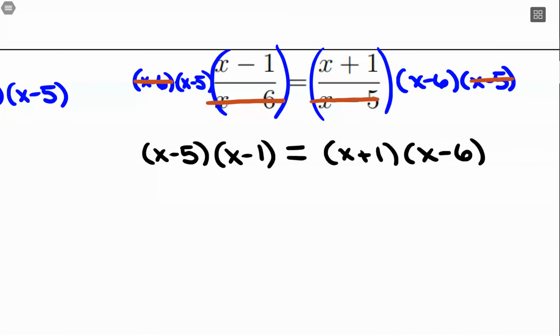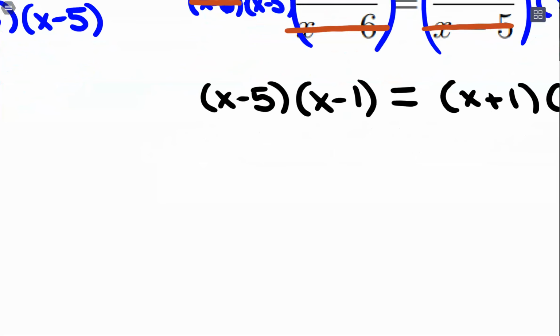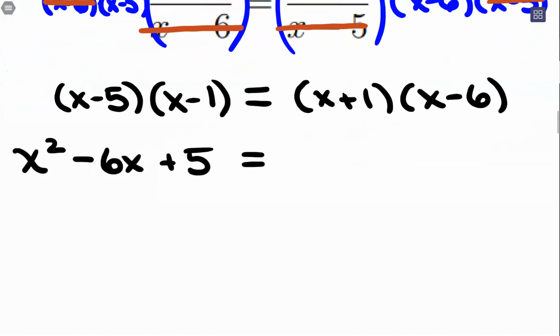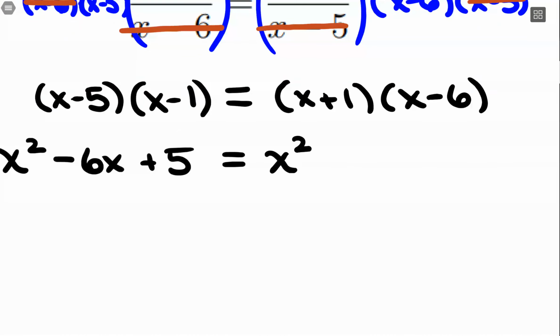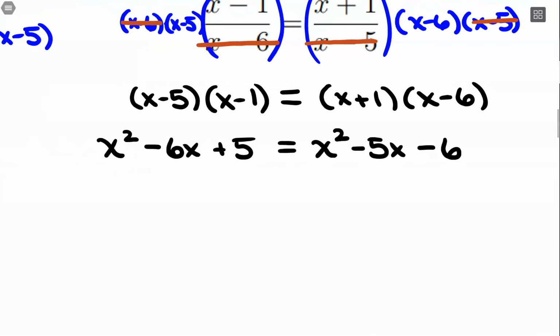All right, I'm gonna expand out. So over here, we'll have x squared minus 6x plus 5 equals x squared minus 5x minus 6.